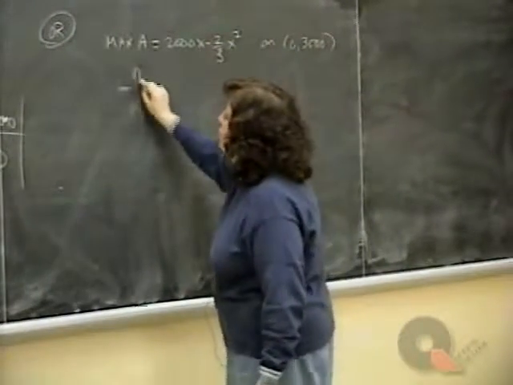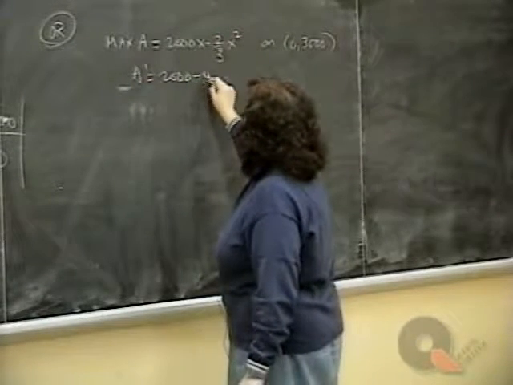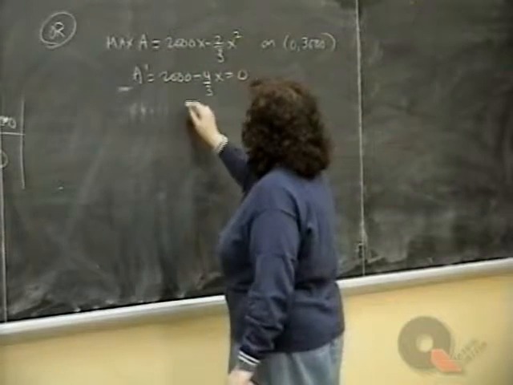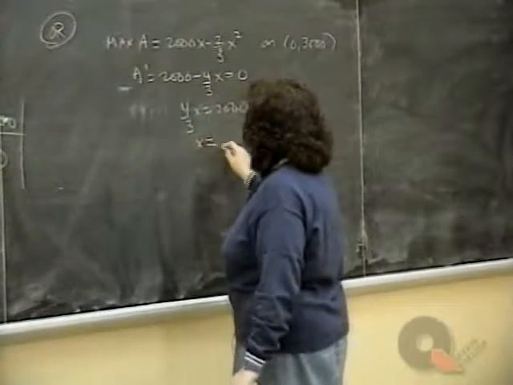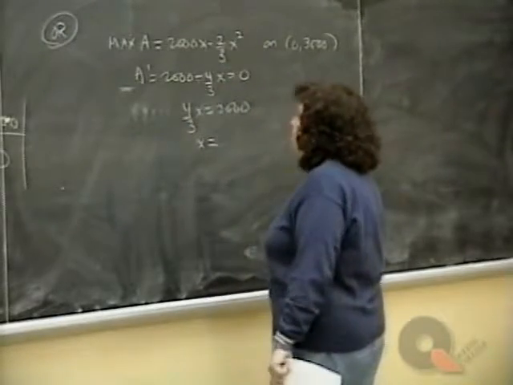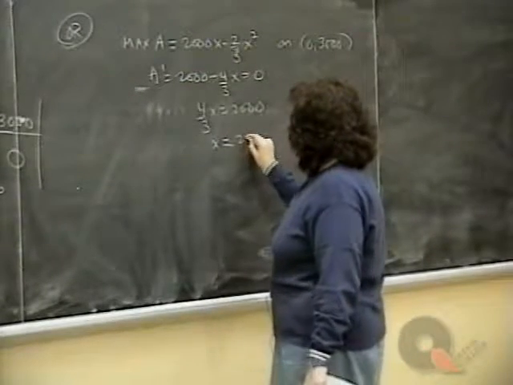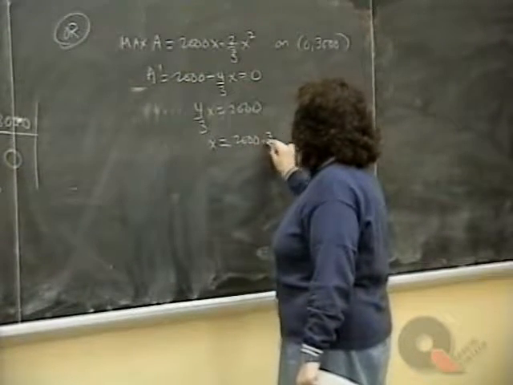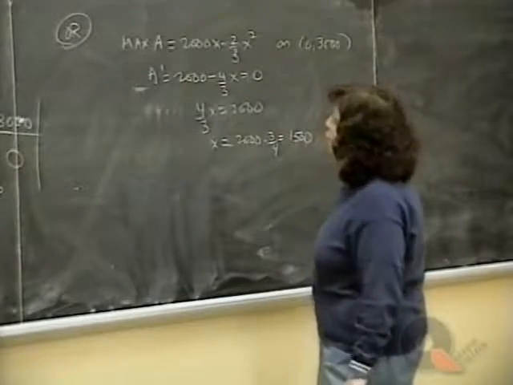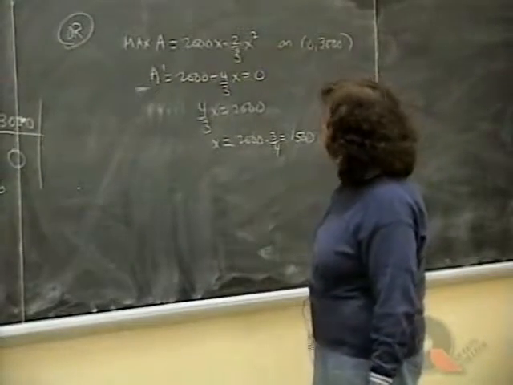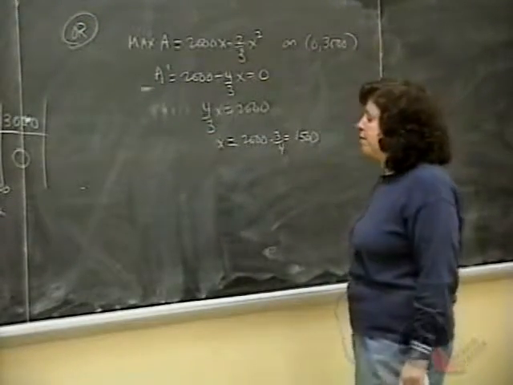So then when you get your derivative, which is, as before, 2,000 minus 4/3 x, and you set it equal to 0, you get 4/3 x is 2,000. We're inverting and multiplying, as we did before, by 3/4. We get 2,000 times 3/4, 1,500. We want to determine if we have a local min, and then if it's one turning point, we only have one turning point on this interval, it would be an absolute min.